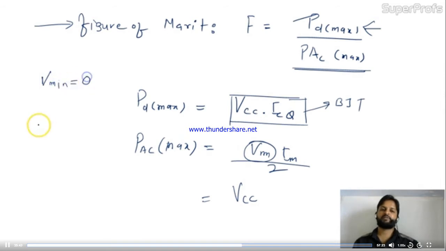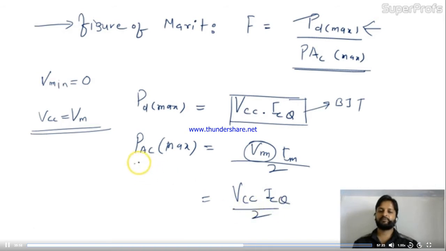If Vmin is equal to 0, then VCC is nothing but Vm. And Im is nothing but ICQ, so now you have to calculate the figure of merit.